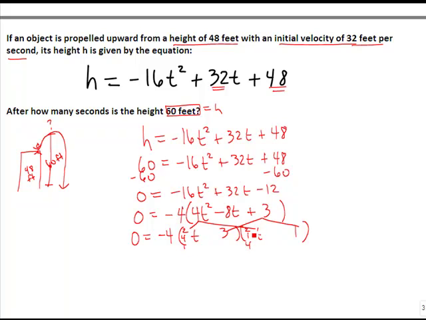And to check this, remember we're trying to get a middle term of negative 8, so we're going to see that from our outers times our inners. So if I do 2 times 1, we'll get 2. And if I do 3 times 2, I'll get 6. Can I get an 8 from a 2 and a 6? You bet, just add them.